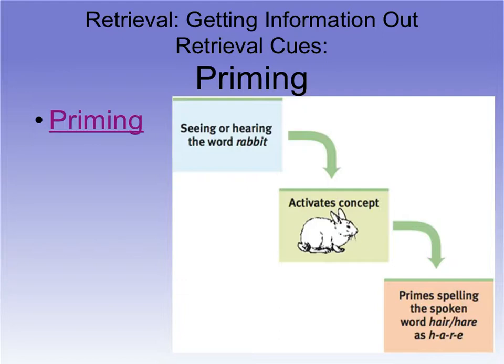Hare, depending on which hare you mean, can be spelled 2 different ways. You would spell it H-A-R-E. If someone was not primed by hearing the word rabbit ahead of time, and you were asked to spell hair, you would go with the more common spelling, the more common definition of the hair on our head, H-A-I-R. So priming could consciously or subconsciously influence our memory and how we retrieve information.